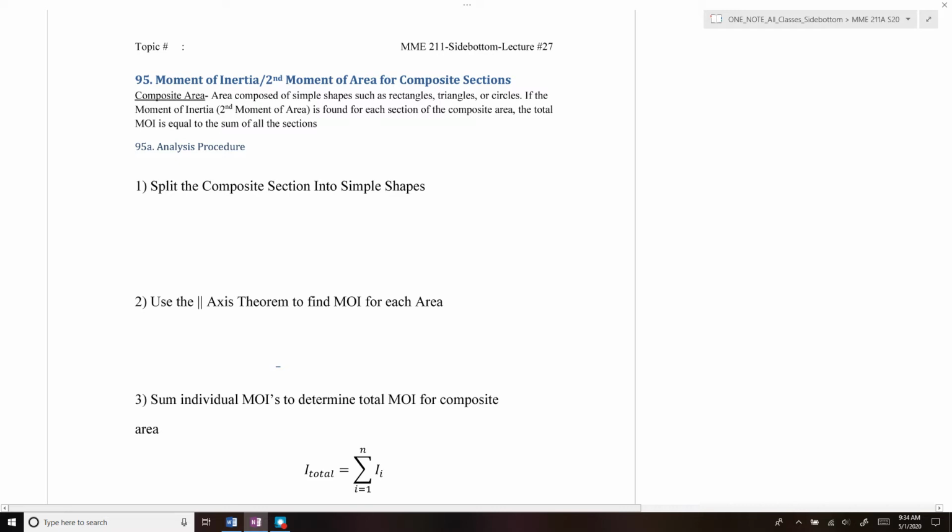In order to do this, the first thing you're going to do is, if you have a composite area such as this, where the non-highlighted section is solid, and the circle in the middle is a hole, or there's no area through that section, split this composite area into simple shapes.